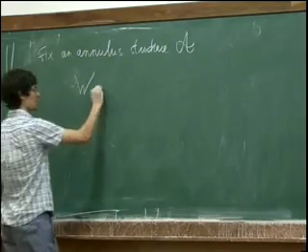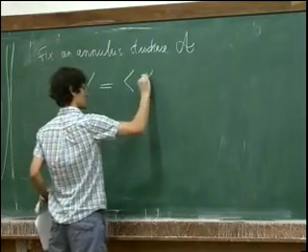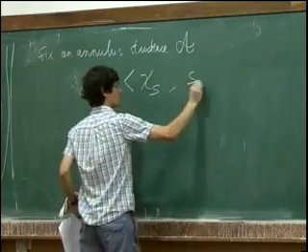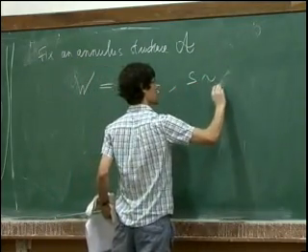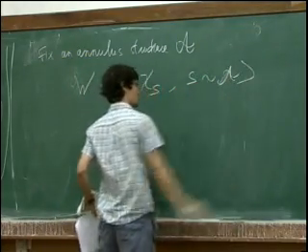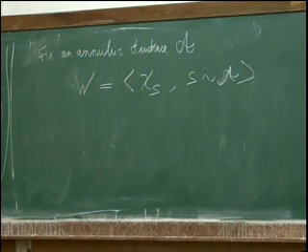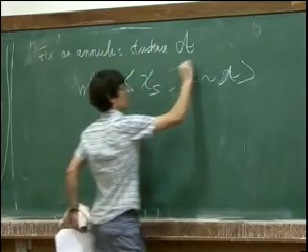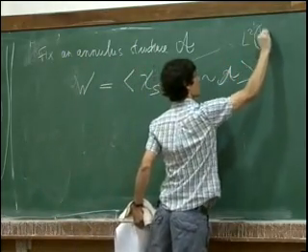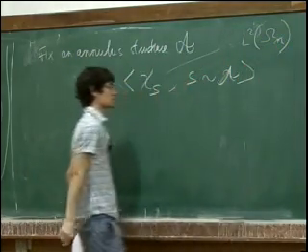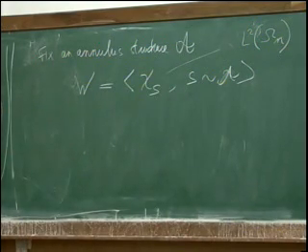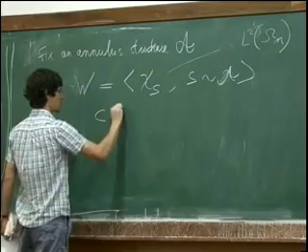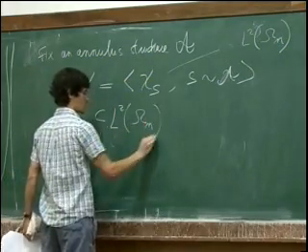I will look at the span of all the characters which are compatible with my annulus structure. So all these things are in L2 of the hypercube, and I'm just taking the linear combinations of all of these. So this set is a sublinear space of L2 of the hypercube.